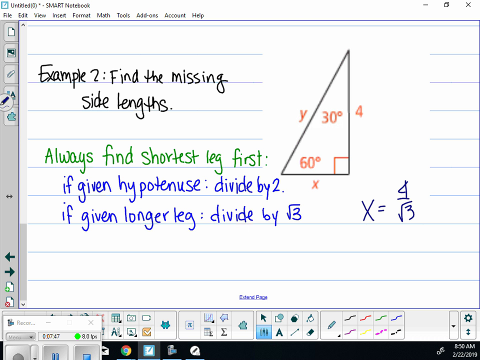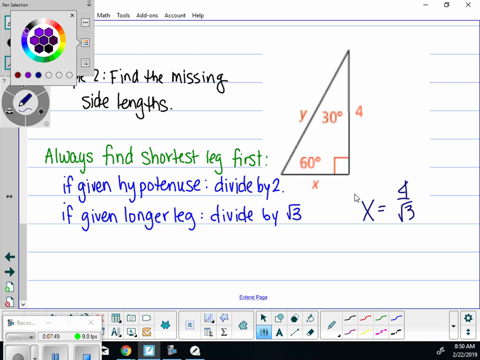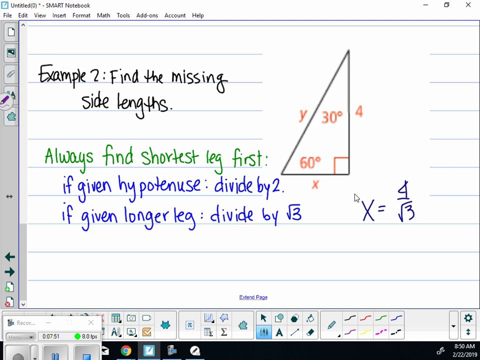But of course, we can't leave it like that. So we have to multiply by square root of 3 over square root of 3. Always get rid of that square root in the denominator.